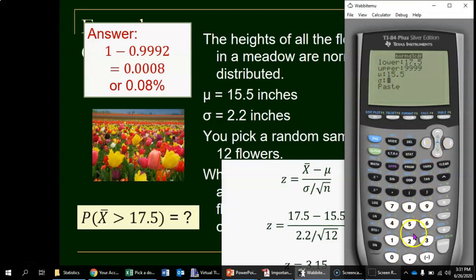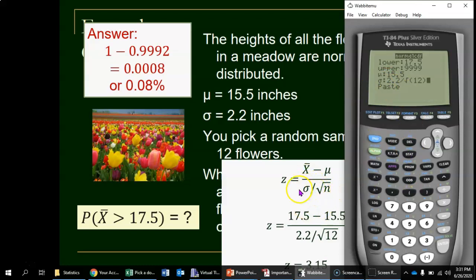And for sigma, I am putting in 2.2 divided by the square root of 12. That's the sigma, the standard deviation of the x bars.